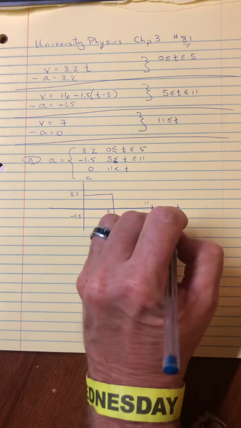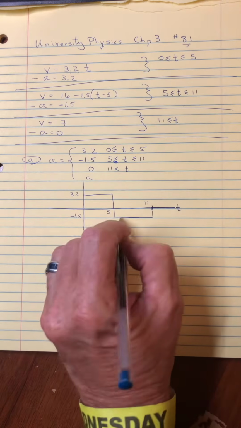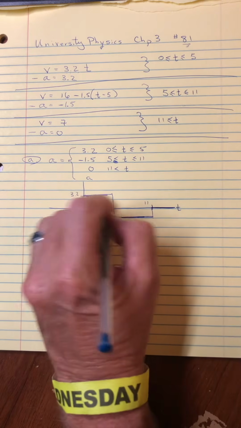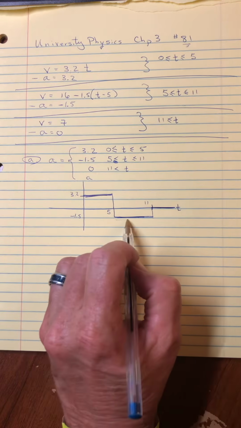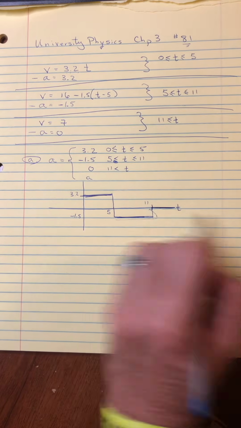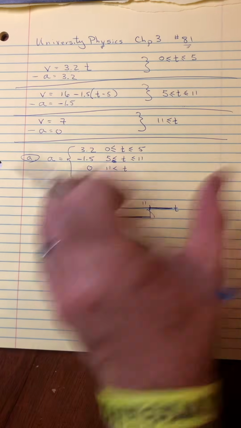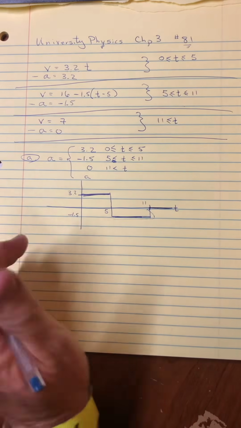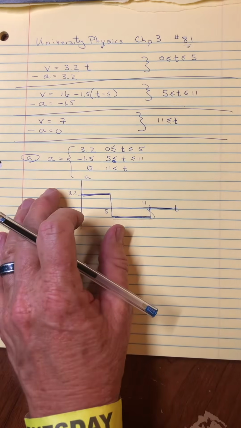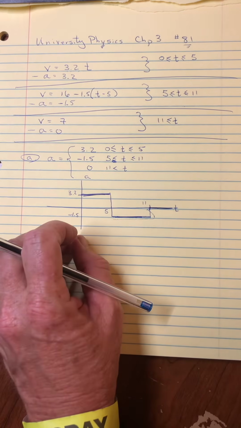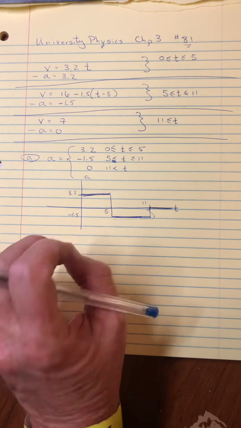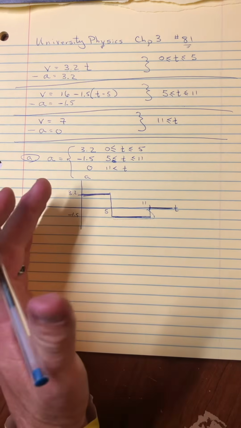And then it would just become a 0. So it changes in a quick step. It goes from a positive to a negative to 0. And that's what a graph would look like. So, piecewise function.